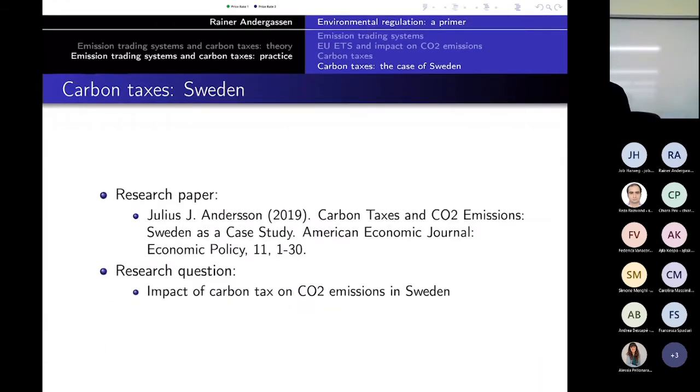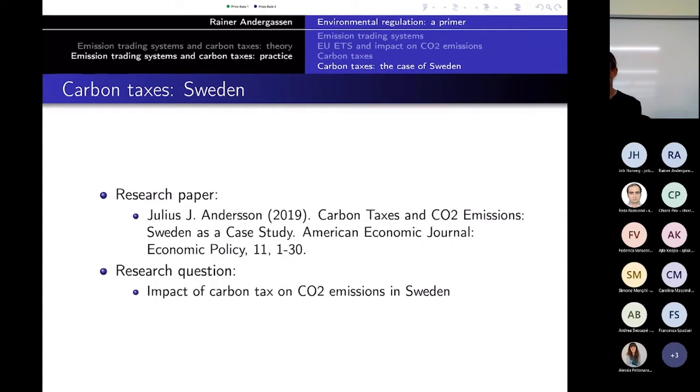Okay, so let's discuss a recent research paper that addresses the impact of carbon taxes on CO2 emissions. The question is like the one we have seen last week. Last week I discussed a paper about the impact of an emission trading system on the reduction of CO2 emissions.